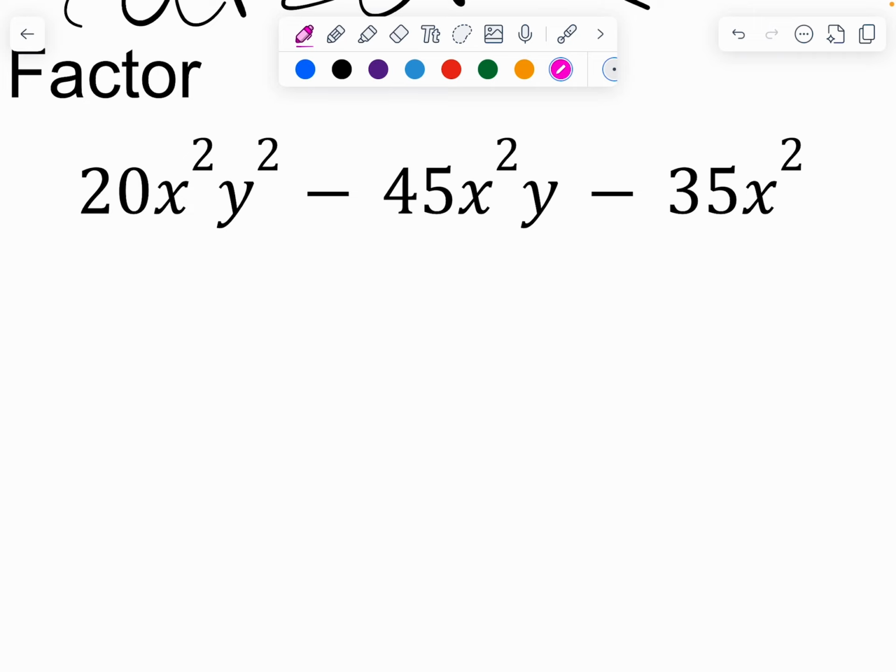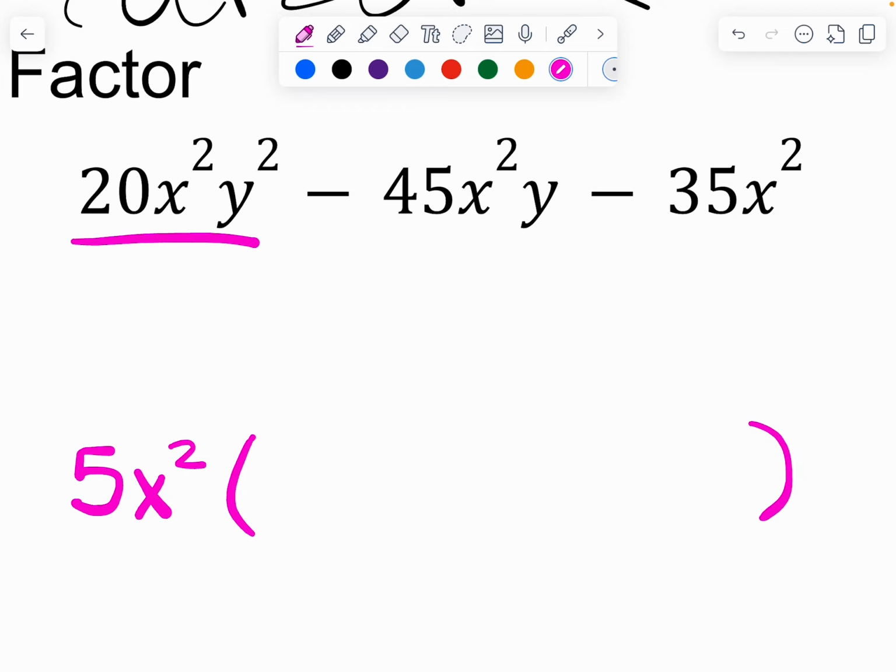What is the biggest number that goes into this? Well, 20, 45, and 35, they all end in 5. So we know for sure 5 goes into it. And then the first one has an x squared, the second one has an x squared, the third one, they all have an x squared. They don't all have a y.